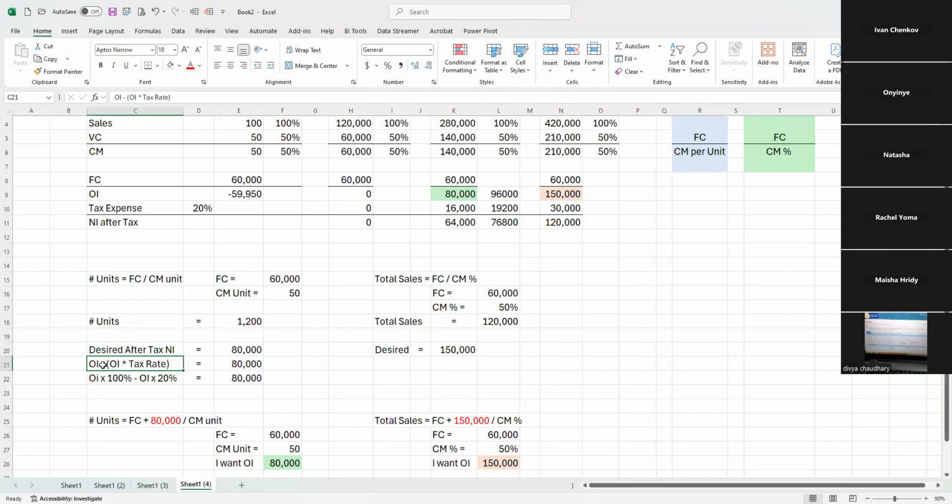So what will be here? Operating income. How much of my operating income has to be equal to 80,000? Operating income times 80% should be equal to 80,000, correct?